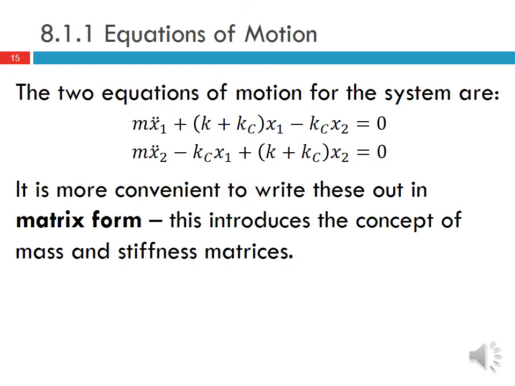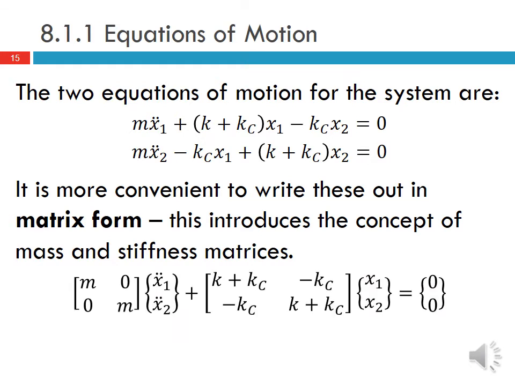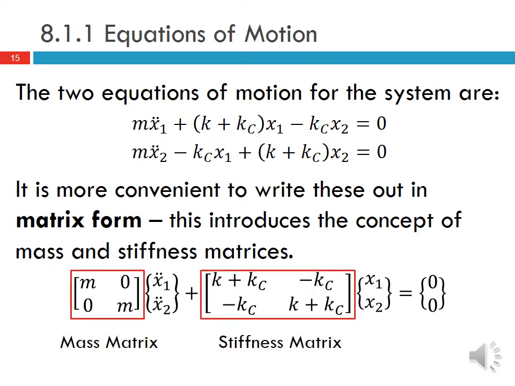Now, it's more convenient to write these out in matrix form. So this introduces the concept of mass and stiffness matrices. So we can rewrite these equations as a single matrix equation. So this is our mass matrix, and this is our stiffness matrix.